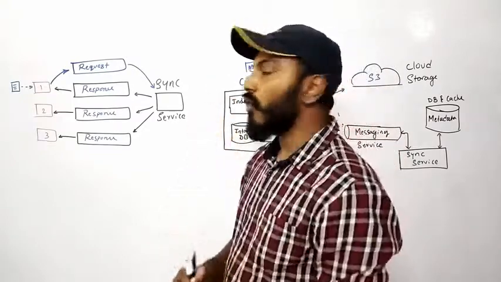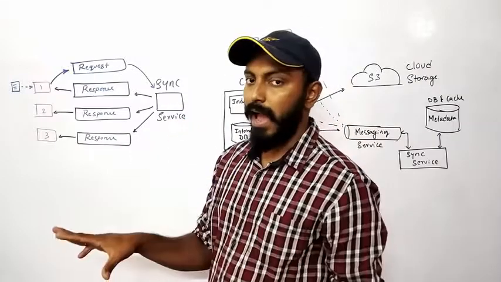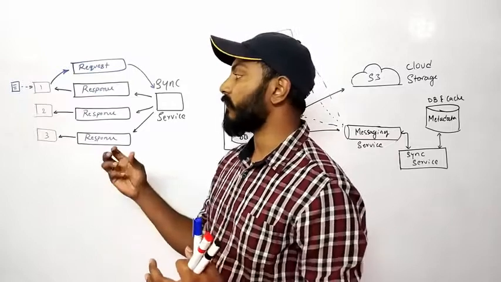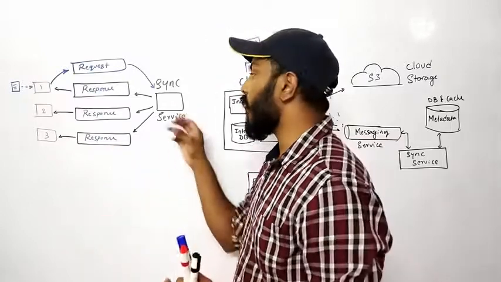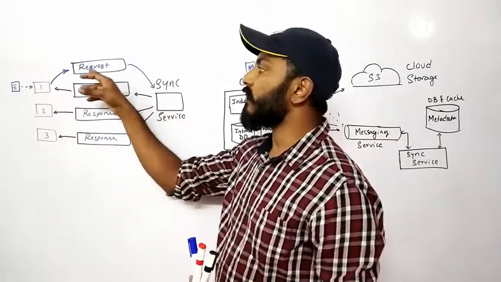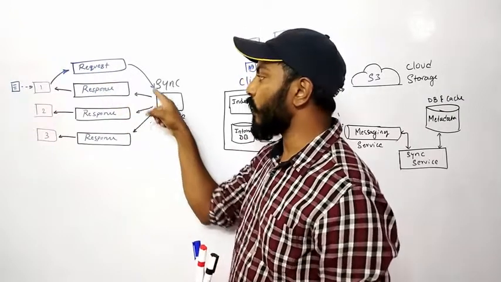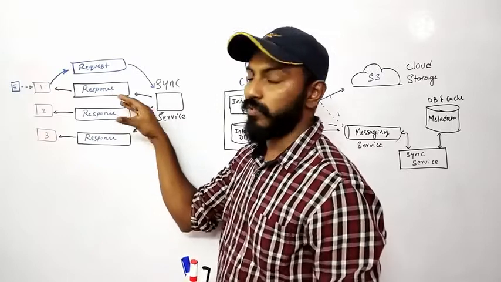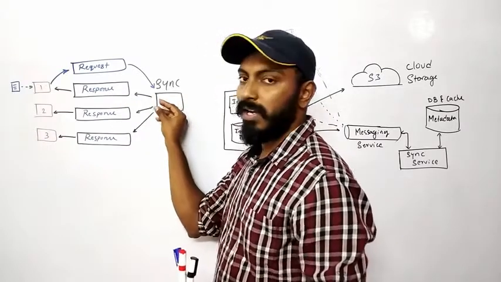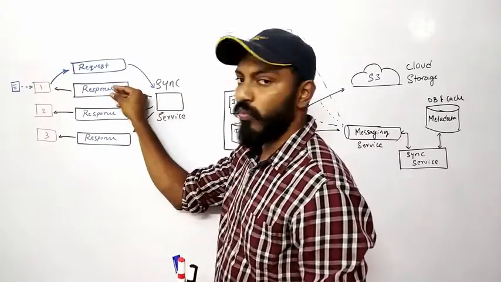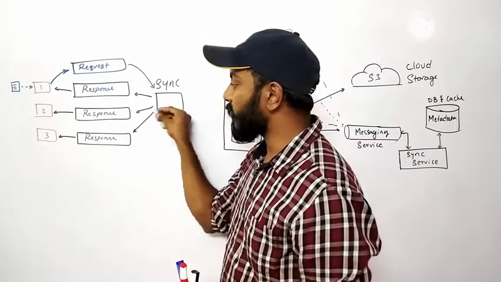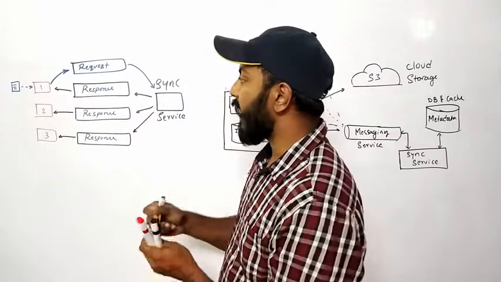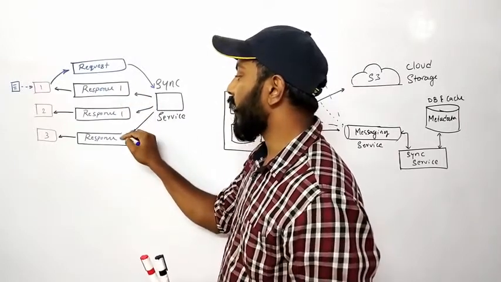Also, the sync service will broadcast back to all the other clients of the same user, which is registered in the RDB. Whatever information it received from the request queue, it rebroadcasts to the response queues. All the same metadata information will be sent to response queue 1, response queue 2, and response queue 3. That information will be there inside these queues.